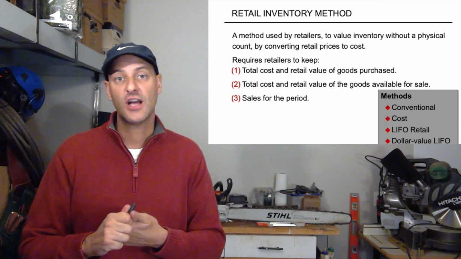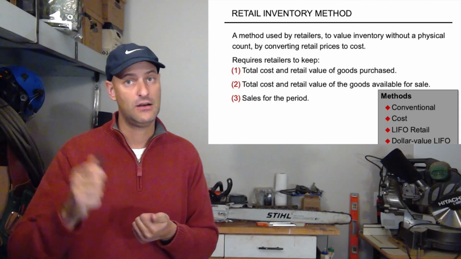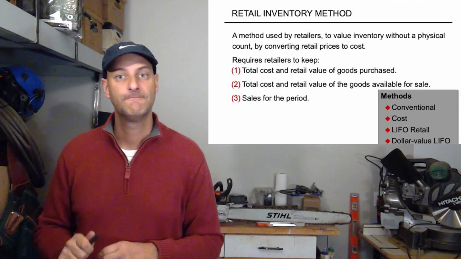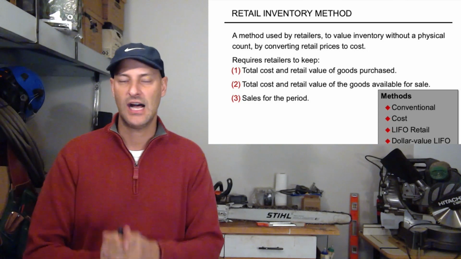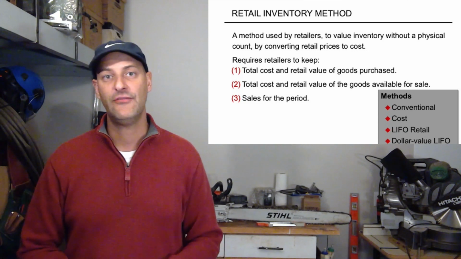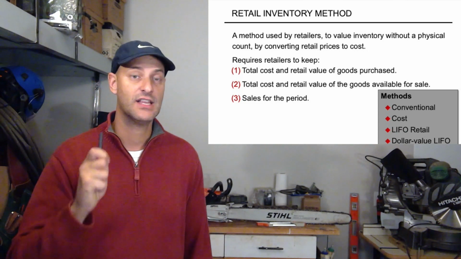So the total cost and retail value of the goods available for sale, that again should be pretty straightforward. And then the sales for the period, retail dollar sales. That's the benefit. They don't have to know the costs that go out, just the retail sales, just like in the gross profit method we just talked about. All you need to know is the sales amount and your markup percentage. So the retail inventory method is very similar, but it's looking at retail markups instead of just a generic gross profit percentage.